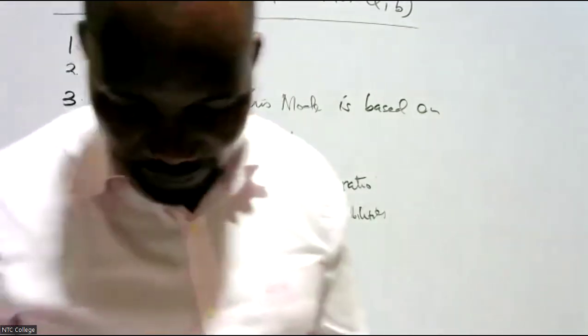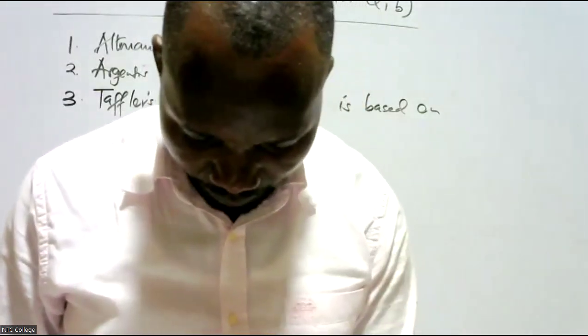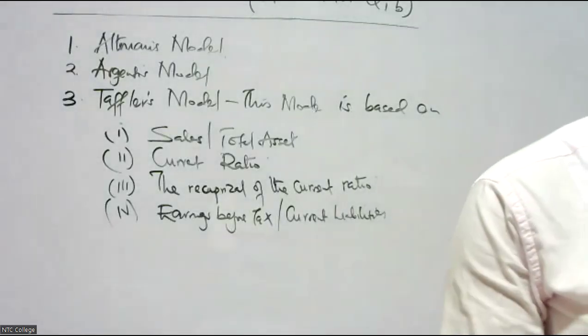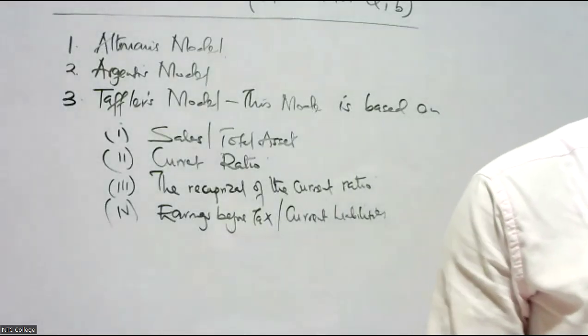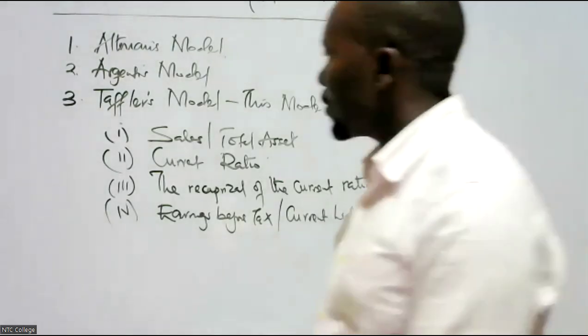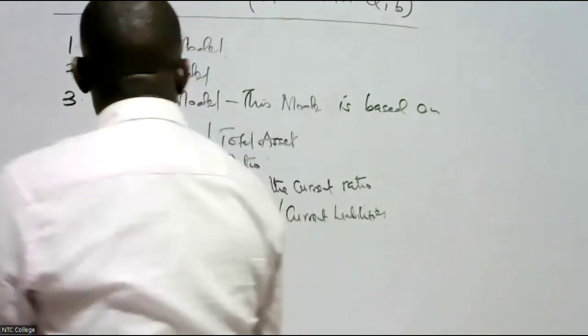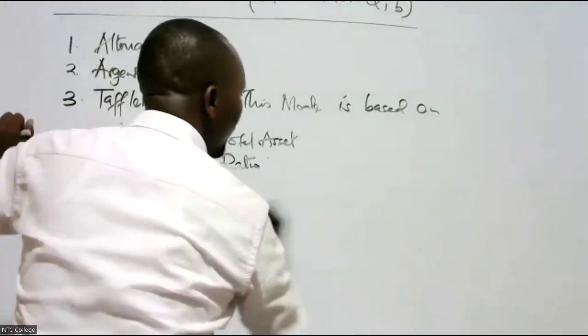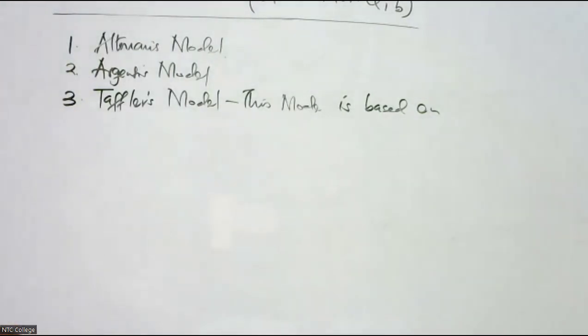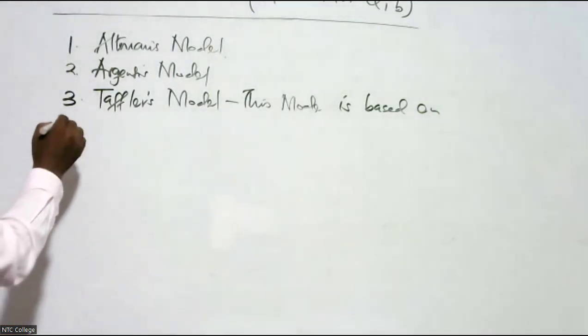Let's look at the next one. The next model, that is number 4, is called Beaver's failure ratio. I don't know how you read it.